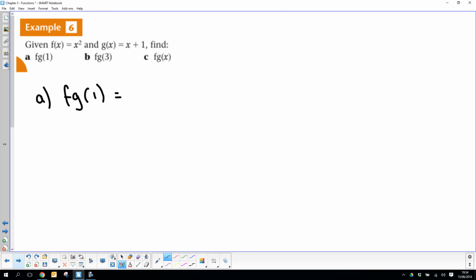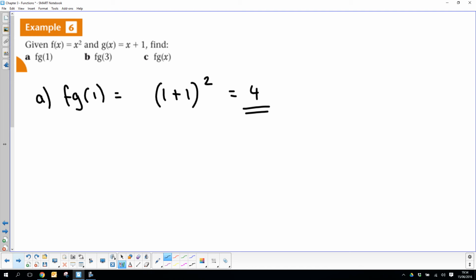So fg of 1 is going to be 1 plus 1, because that's g of x, do x plus 1, and then we do the f of x function. We take the result from doing g of x and put that in for f of x, and in this case that's just squared. So fg of 1 is going to end up just being 2 squared, which is 4.